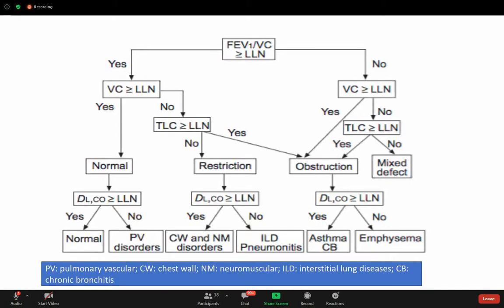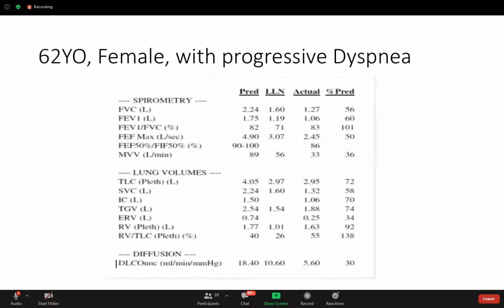VC, vital capacity. Okay, so what's the vital capacity here? It's 56% of predicted. So this is really restrictive, isn't it? Reduced, yes, which goes with restrictive lung disease. Then TLC, 72% of predicted. Okay, so what's next?